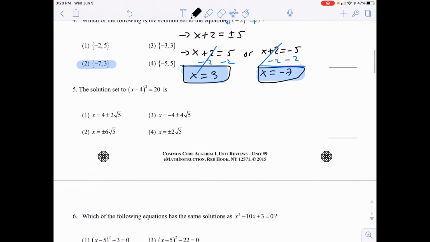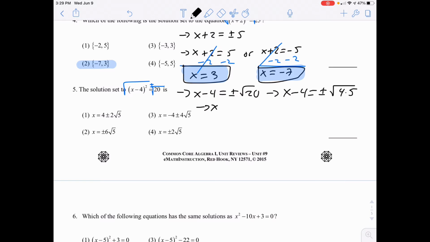Number 5, the solution set to the quantity x minus 4 squared equals 20. Go ahead and start by taking the square root of both sides. And we get x minus 4 is equal to plus or minus the square root of 20. Well, that's the same as x minus 4 equals plus or minus the square root of 4 times 5, because 4 is the largest perfect square that goes into 20.